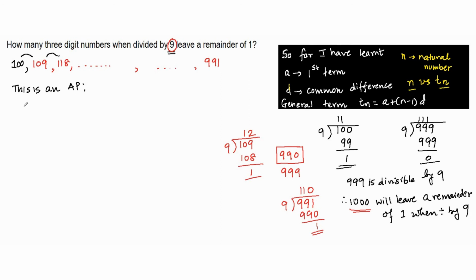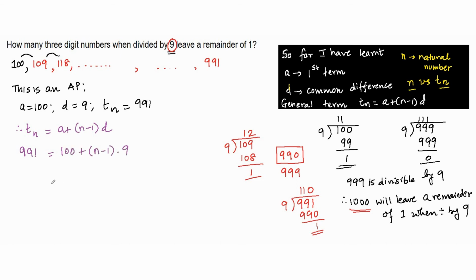This is an AP with the first term equal to 100 and the common difference equal to 9, and the nth term is equal to 991, right? Therefore the nth term is a plus n minus 1 times d, which means 991 is equal to 100 plus n minus 1 times 9, so 991 is equal to 100 plus 9n minus 9, and therefore 991 is equal to 100 minus 9, which is 91, plus 9n.